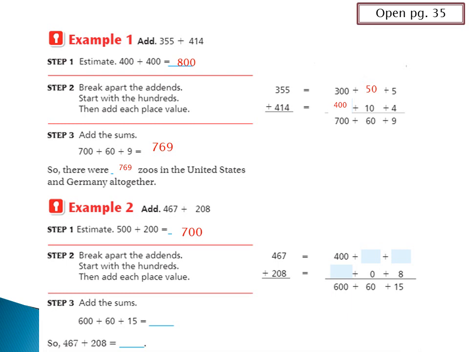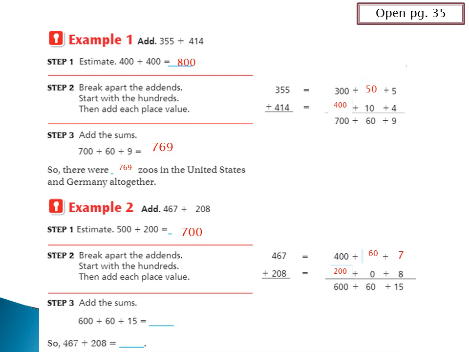Step 2. Break apart the addends into hundreds, tens, and ones. 467 equal 400 plus 60 plus 7. 208 equal to 200 plus 0 tens plus 8 ones.